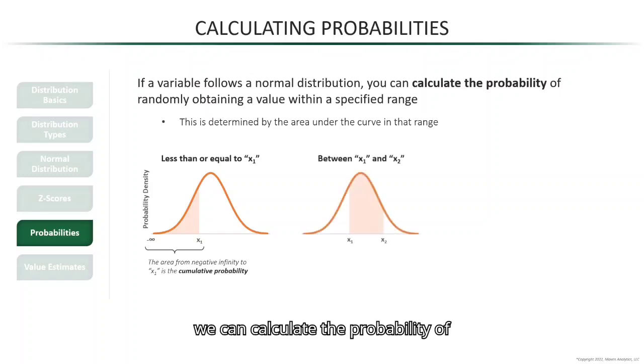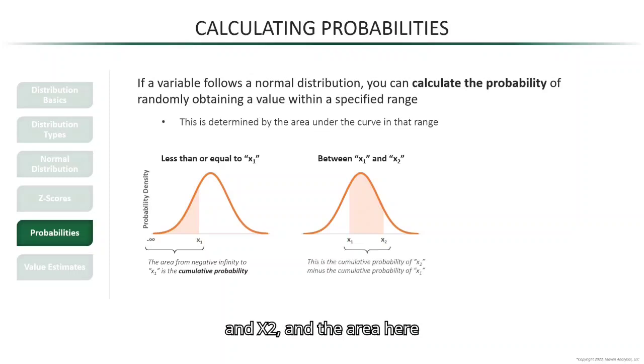Now 2, we can calculate the probability of getting a value between something like x1 and x2, and the area here is actually the cumulative probability of x2, so all the area all the way from negative infinity on the left up to x2, minus the cumulative probability of x1.